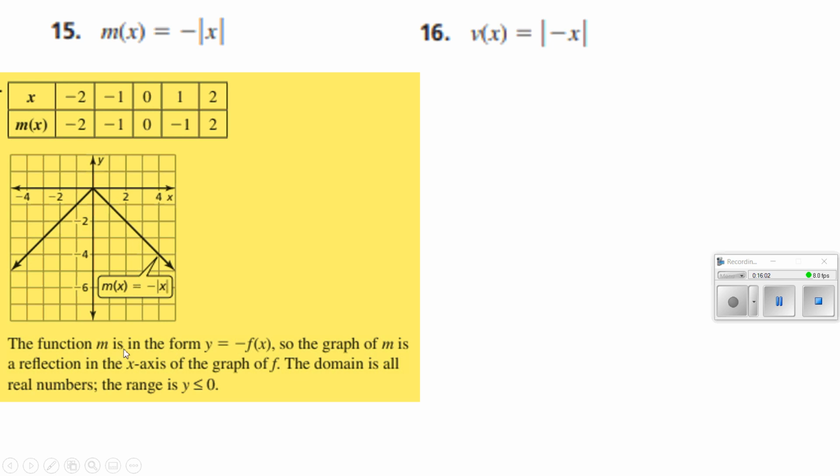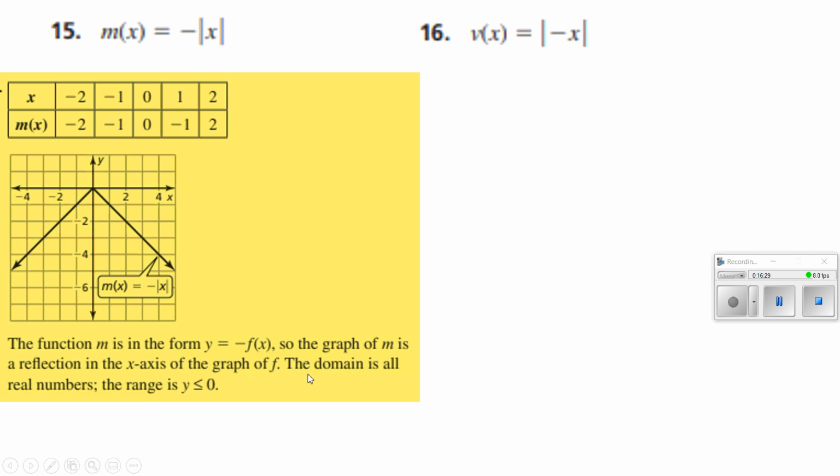The function m is the form of y equals negative f of x, okay? Negative f of x. Notice the negative sign isn't in front of x, so it doesn't apply to x. It applies to the y. So all the y should become the opposite, all right? So it says the graph of m is a reflection in the x-axis of the graph of f, okay?